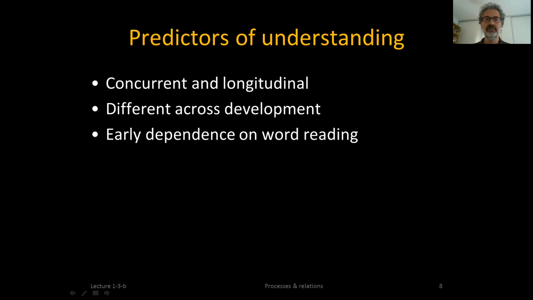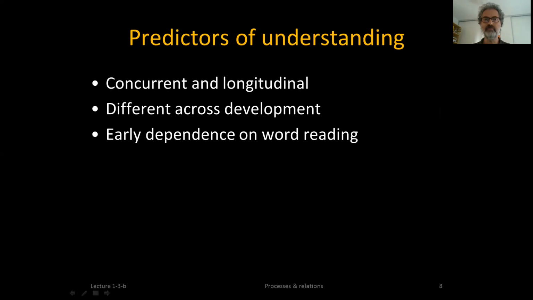In the early stages of reading comprehension, when you first learn to read, your understanding is mostly limited by and dependent on how well you read the words. So there is early dependence of reading comprehension on word reading, very strong dependence.